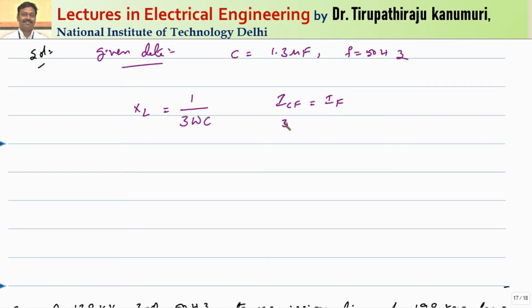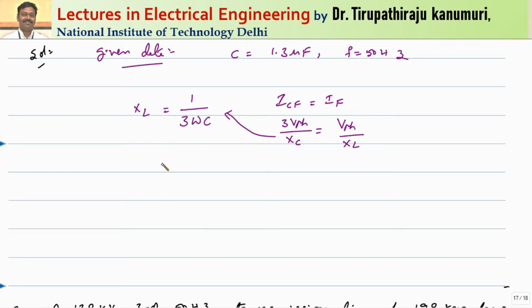ICF will be equal to 3 times V phase divided by XC. V by XC will give the current, and it will be 3 times because of each capacitor. This will be equal to the phase voltage during the fault divided by XL. If you simplify this, you will get this formula. So I am directly proceeding with it: XL equals 1 by 3 omega C.